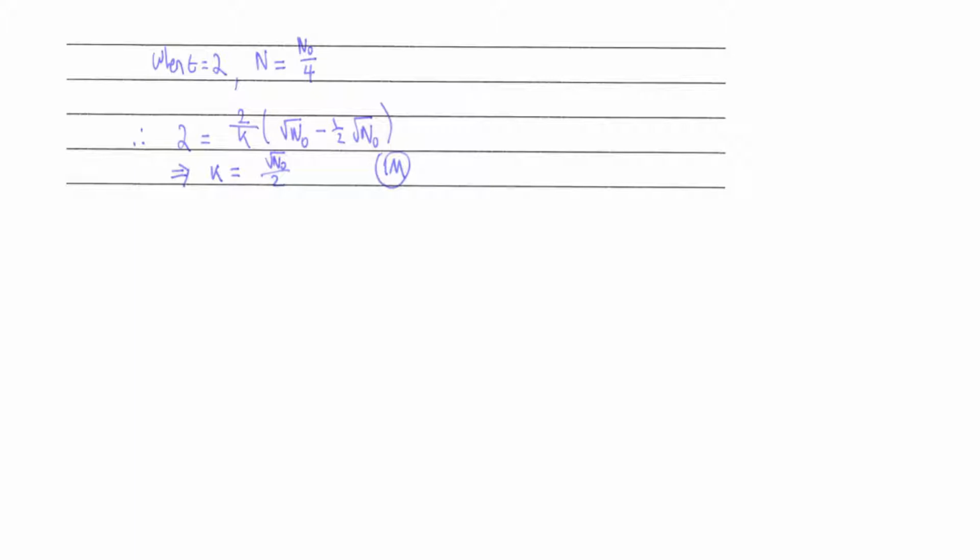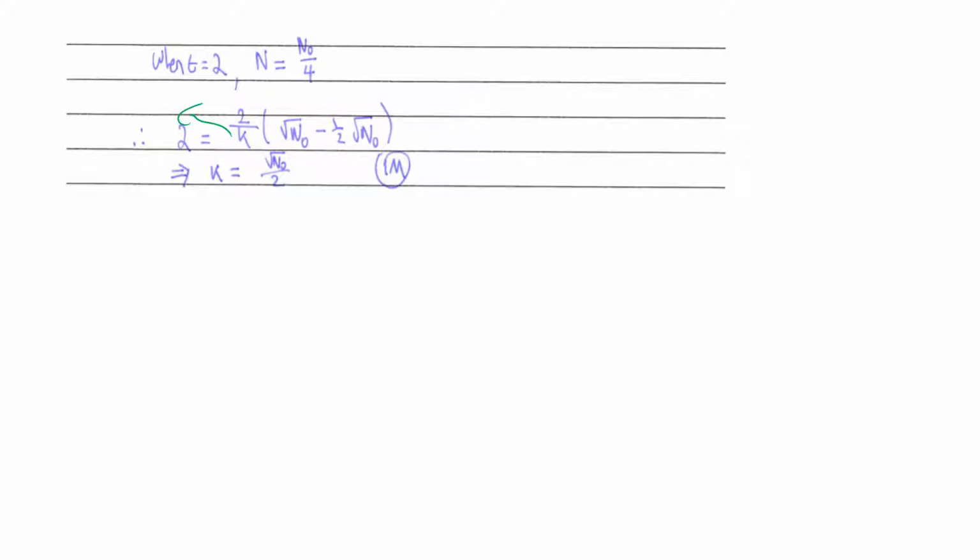Okay, so now we're going to appeal to the fact that when t equals 2, n is a quarter of the initial population, n equals n0 on 4, to work out what our k value must be. Making those replacements in the above rule, I can multiply across by k, divide through by t, and I'm left with k is the square root of n0 divided by 2.